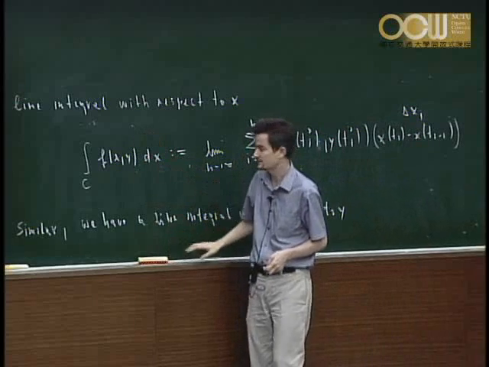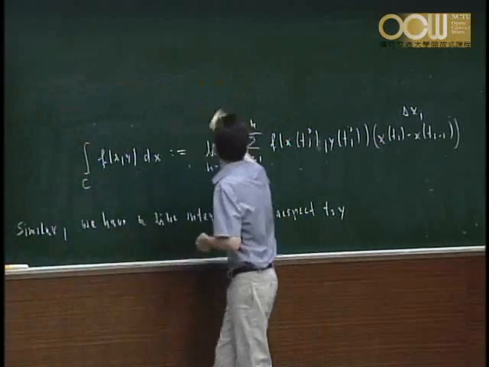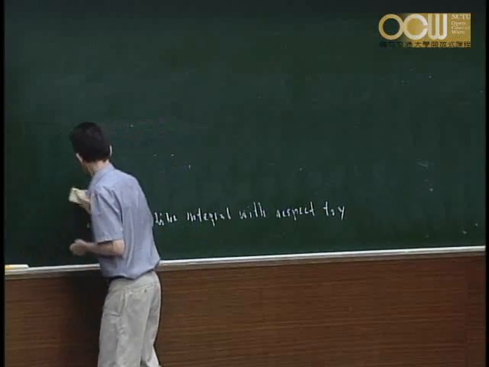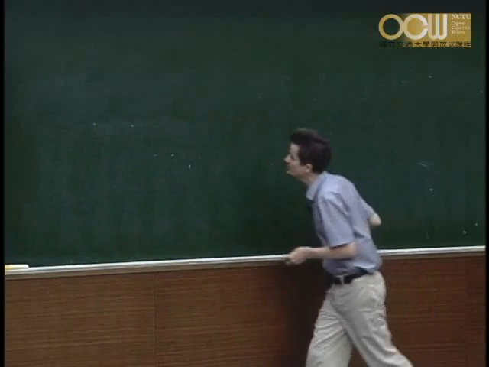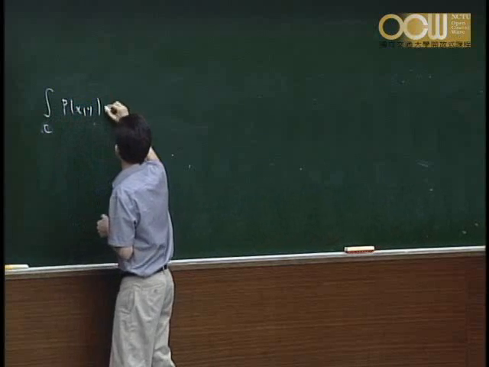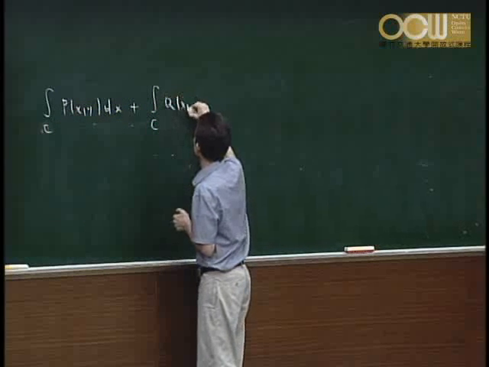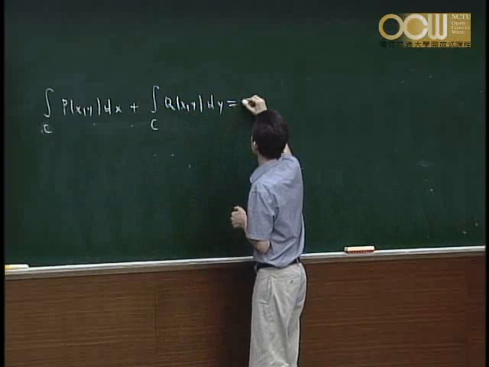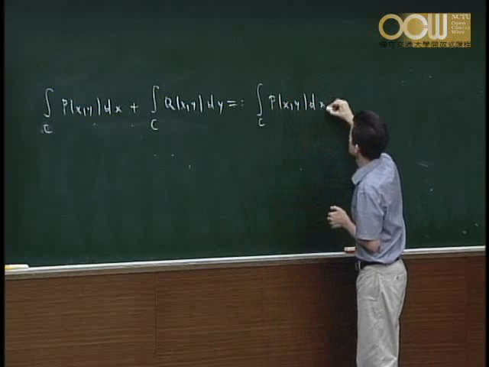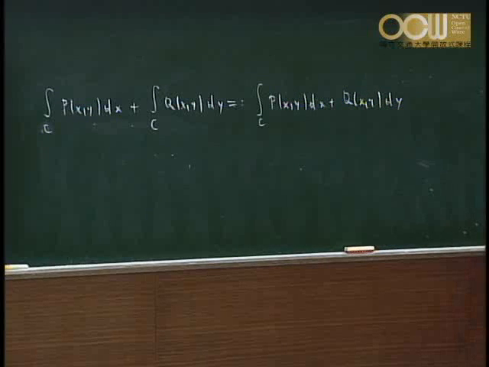This line integral, and the corresponding line integral with respect to y. Meaning that if you have two of them, you have P(x,y) dx, and you have another one along the same curve, Q(x,y) dy, we will often use this symbol, so we write them as one.